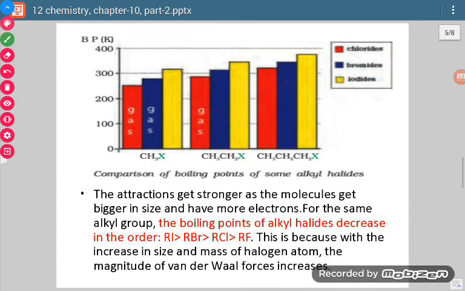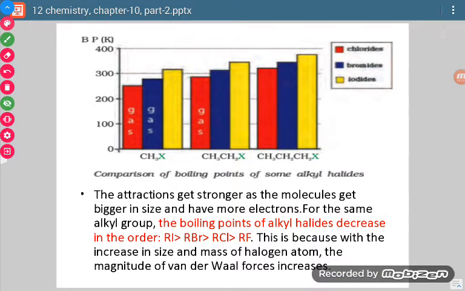Now let us check here. Let us compare diagrammatically. First let us compare the red ones. Which compounds am I comparing?